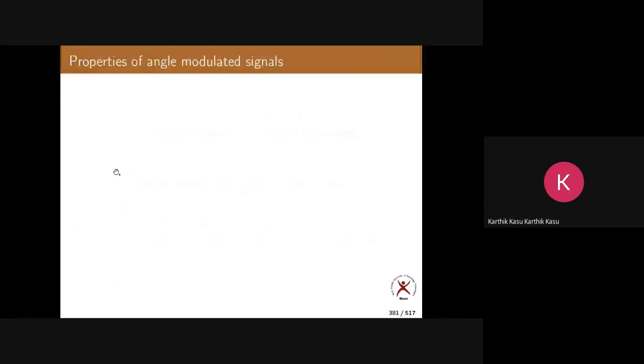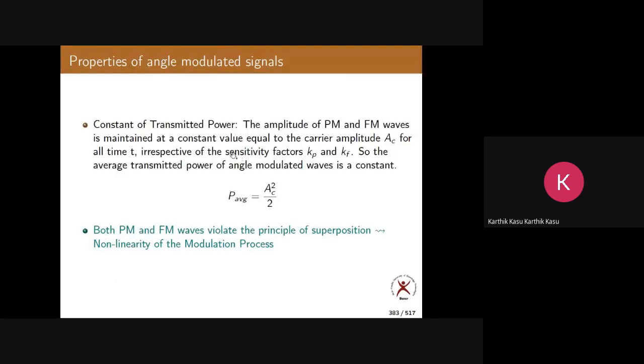AC whole square by 2. So the power of S of t is AC square by 2. It is the same for FM and PM, so the power will be the same. That is AC square by 2, which is a constant. So this is the average power of transmission.